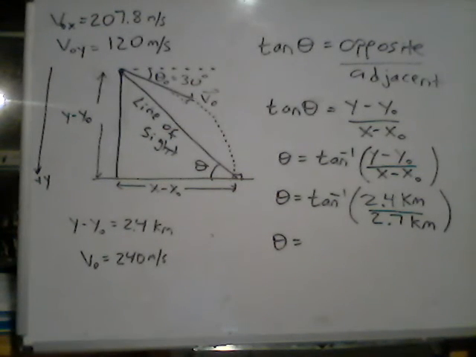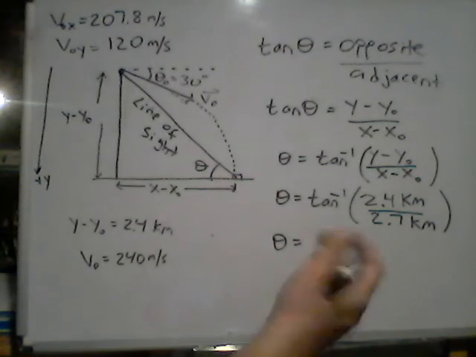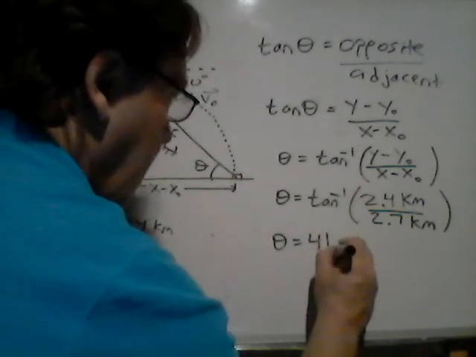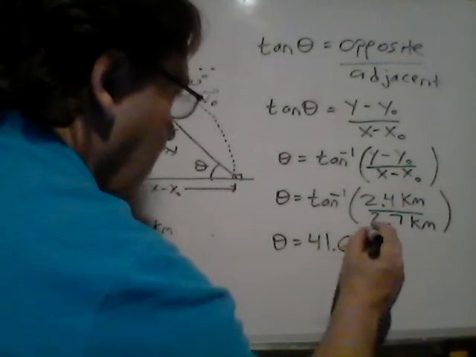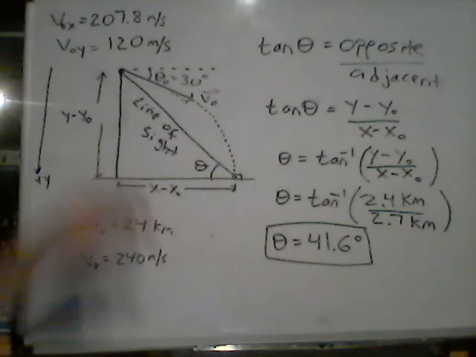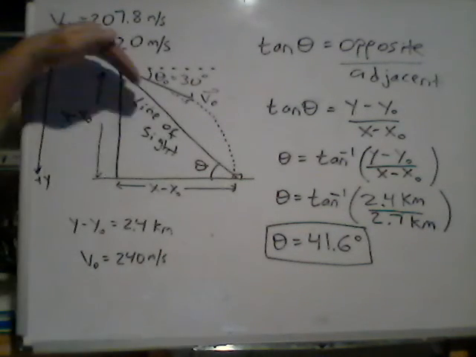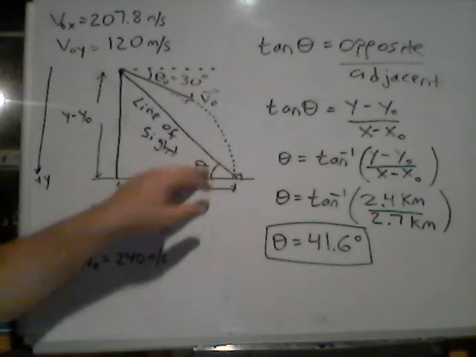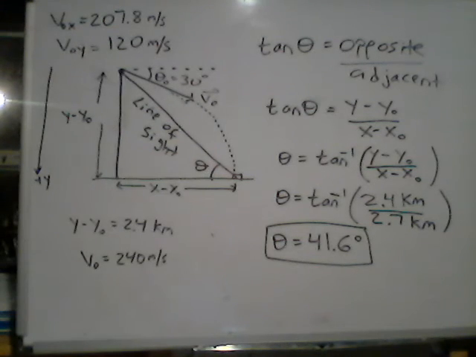That line of sight angle, it's kind of a military term, is 41.6 degrees. And there you go. They say that all the time in military terms. You hear that phrase all the time. This is a line of sight angle.